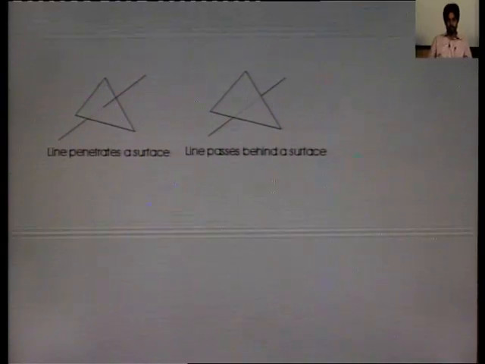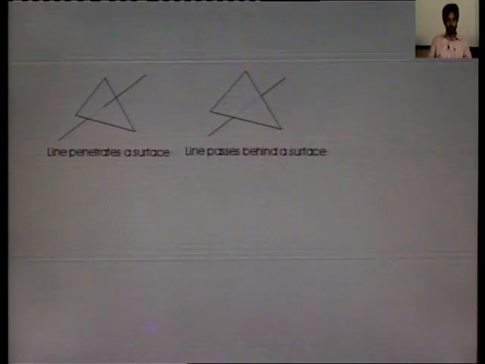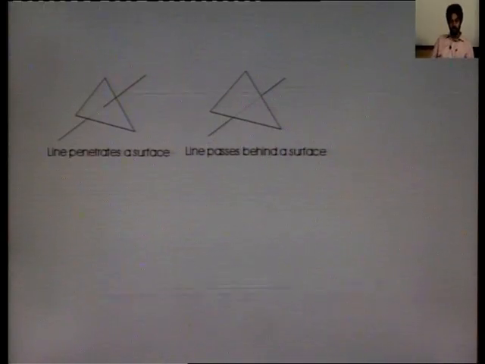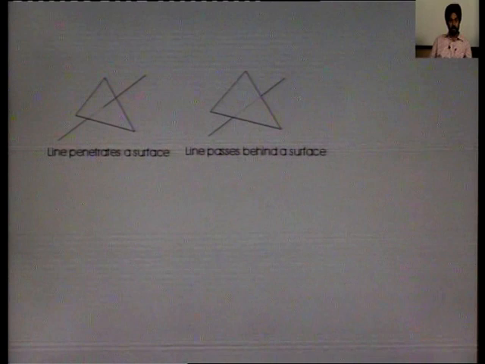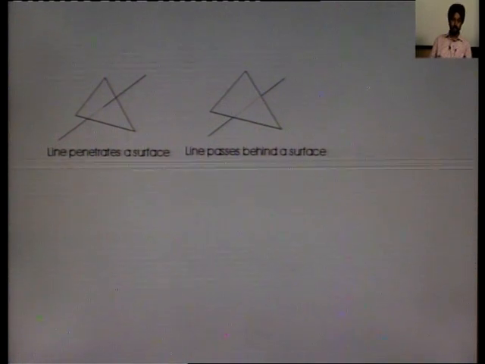This is the clear picture showing when a surface or line passes behind a surface. In the first figure, you can see the line crosses the figure, within the object.